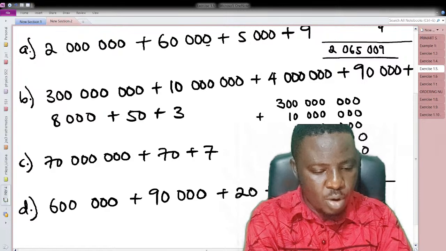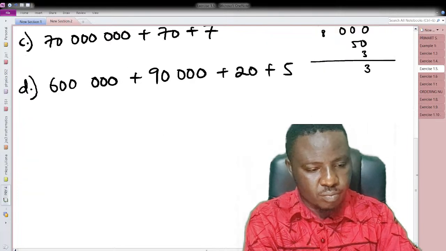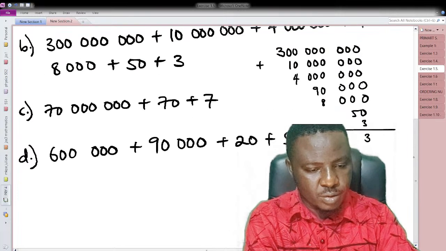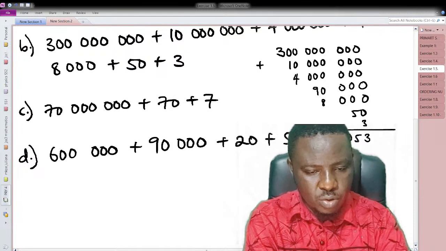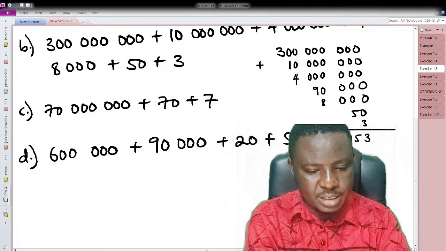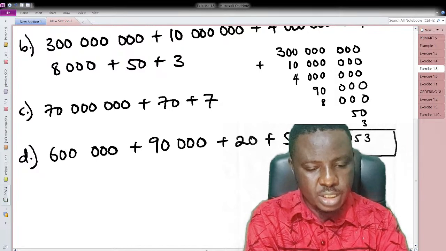So summing them up together, this gives me 3. This is 5, 0, 8, 9, 0. Follow them in that order. This is 4, 1, 3. So this is what you're going to get.